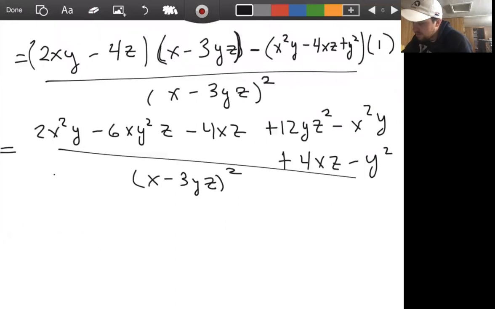This should be plus, excuse me, right? Because it's a minus, and then the negative should distribute.